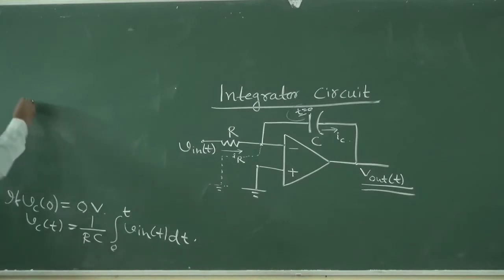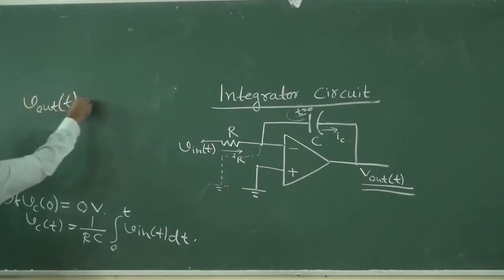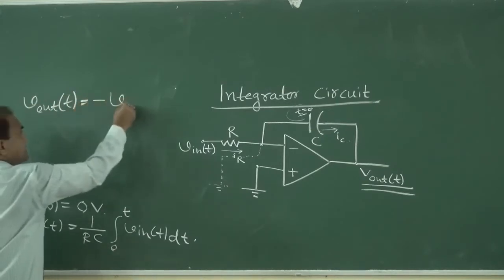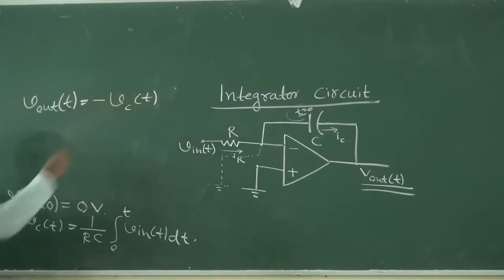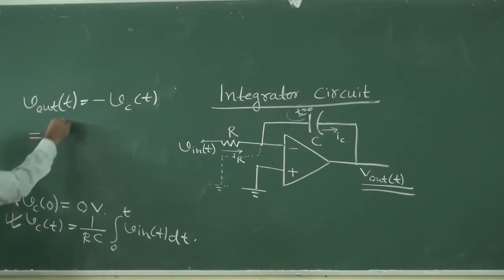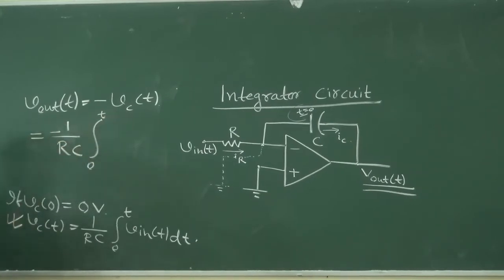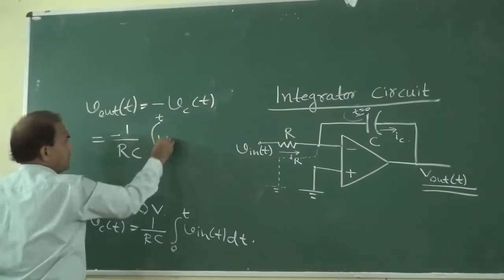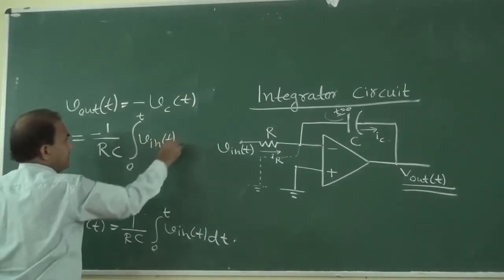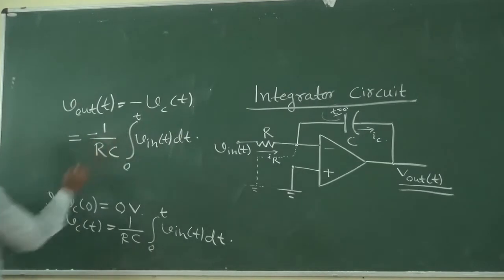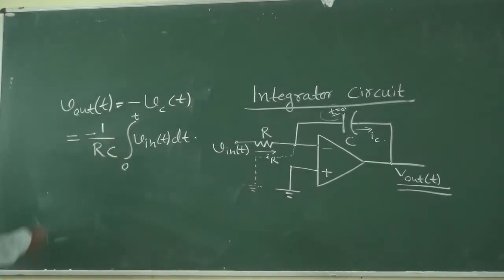Now we have just seen how we can determine V out of t. It is equal to minus VC of t, and we are getting VC of t equal to this. So we can write it is equal to minus 1 by RC integral of 0 to t V in of t dt. We can write down the expression for the output of this integrator circuit.